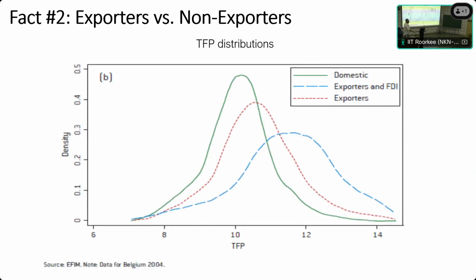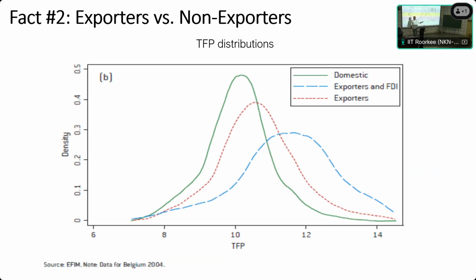You can see TFP distributions. This is for EU data. You can see the exporters and the FDI firms have much higher log productivity than domestic firms. So it's basically the big exporters, like multinationals, that produce goods at higher productivity, then the exporters, then the domestic firms.